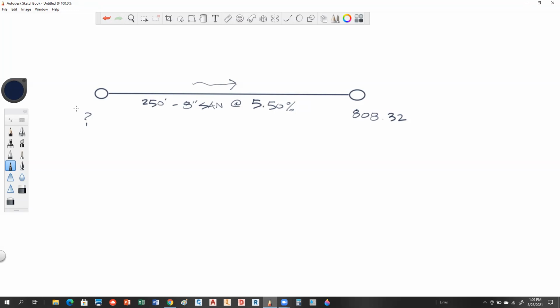So who can tell me how we would do that? You have a distance and you have a slope. You need to find out the horizontal distance.